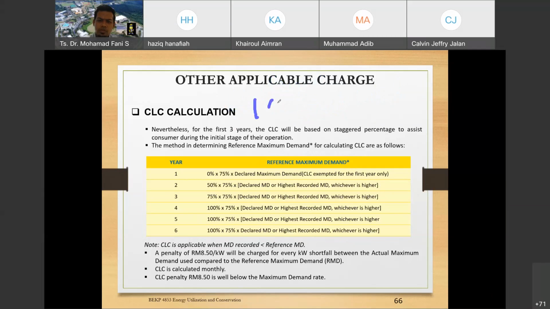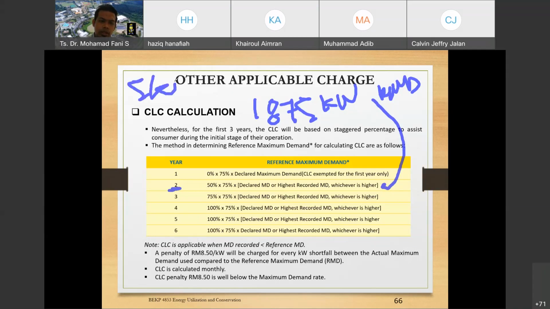So 1,875 kilowatt hour is the RMD for the second year, because we declared 5K kilowatt hour.